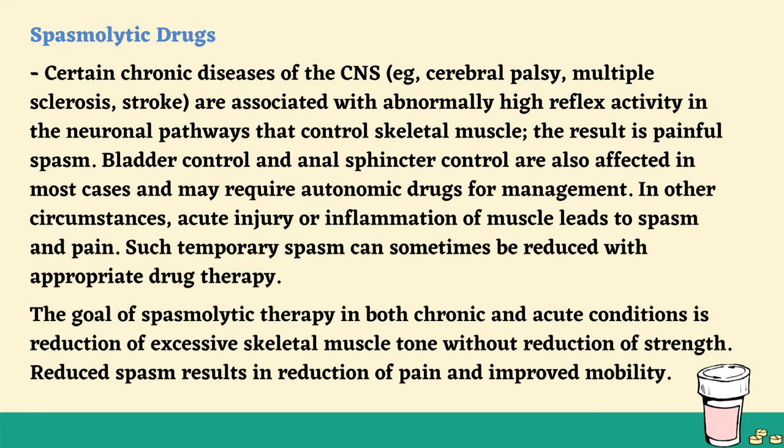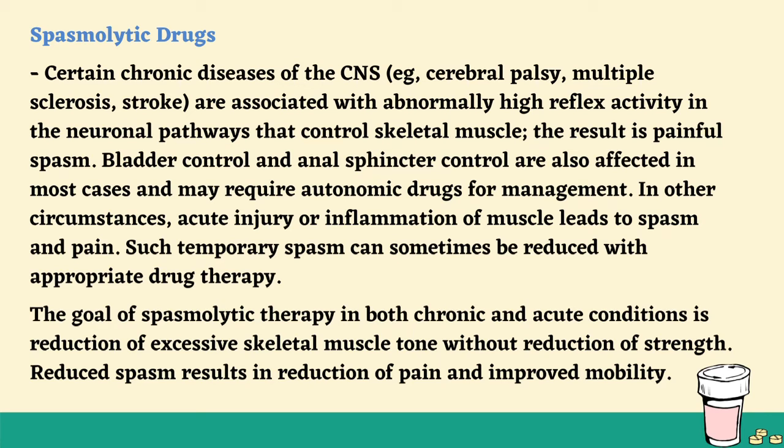Next is spasmolytic drugs. Certain chronic diseases of the CNS such as cerebral palsy, multiple sclerosis, and stroke are associated with abnormally high reflex activity in the neuronal pathways that control skeletal muscle. Bladder control and anal sphincter control are also affected in most cases and may require autonomic drugs for management.